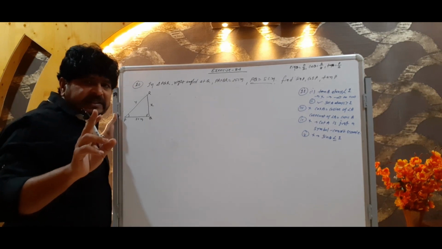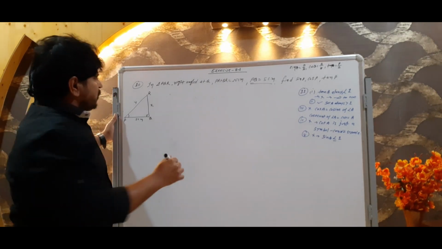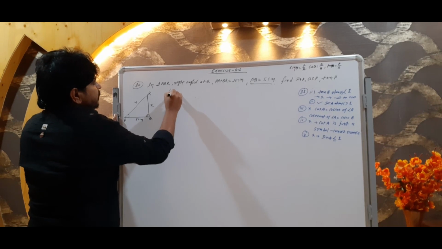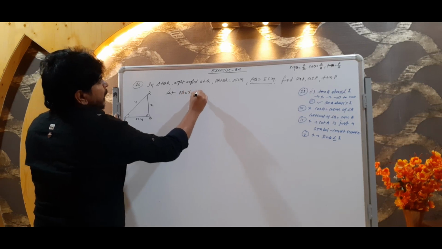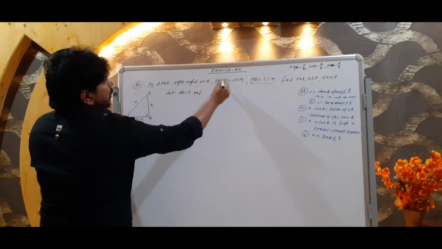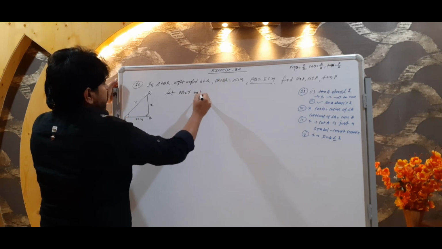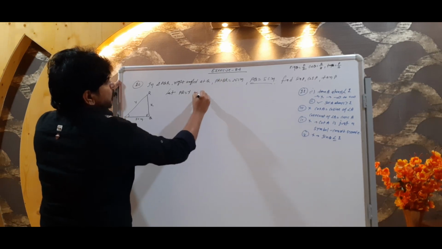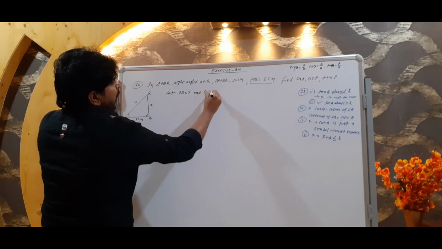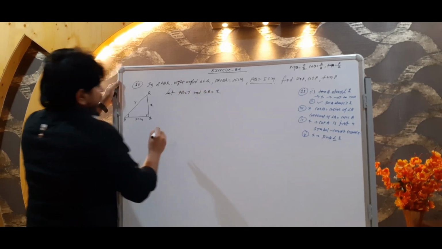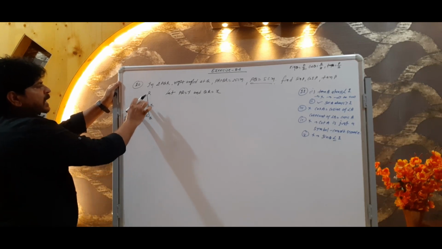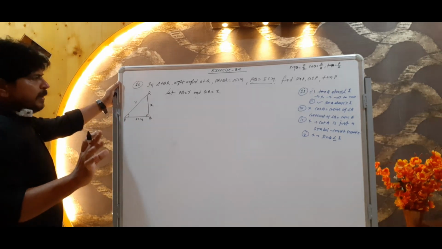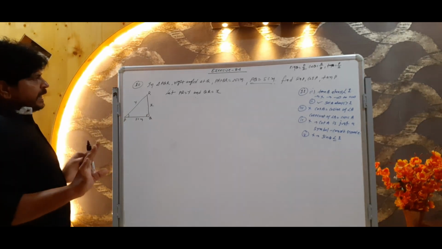Now we don't have the sides PR and QR, so we can suppose that let PR is equal to Y and QR is equal to X. Now I am going to write here QR as X and PR as Y. Got my point? Okay, clear this thing?